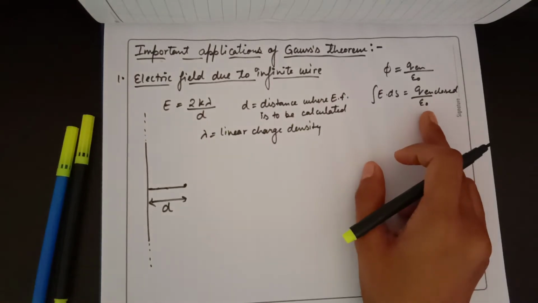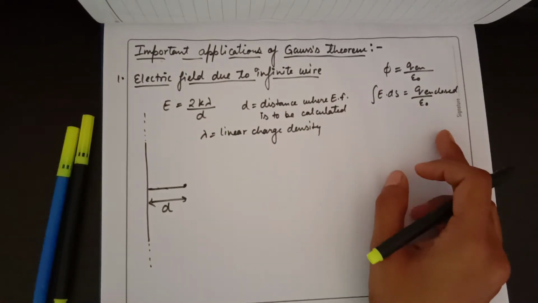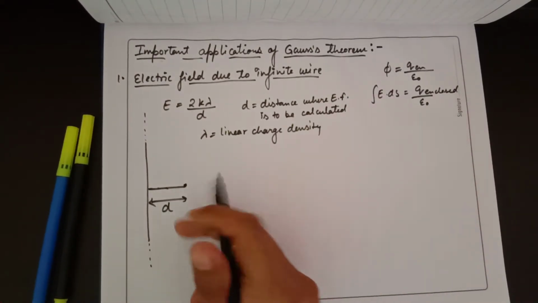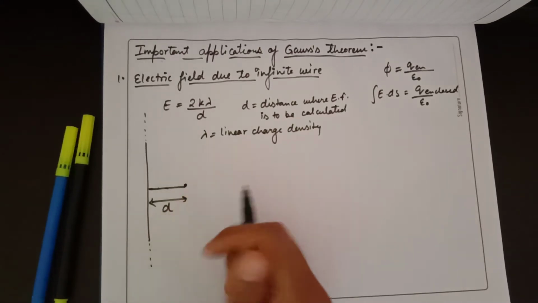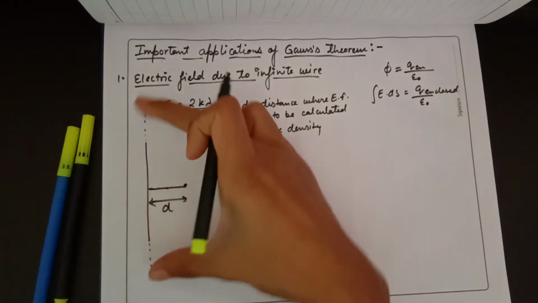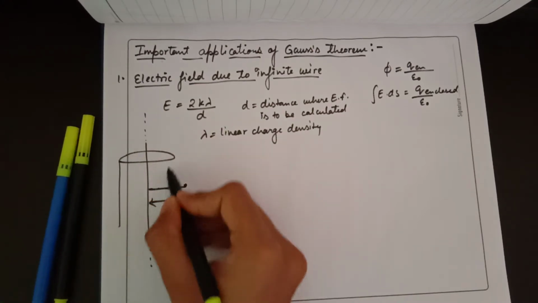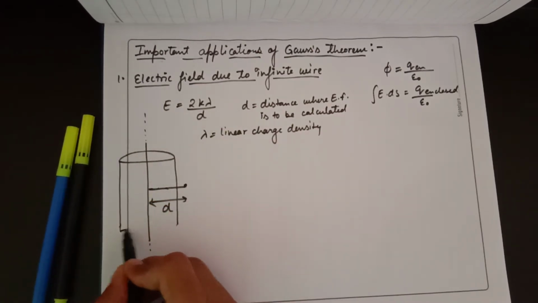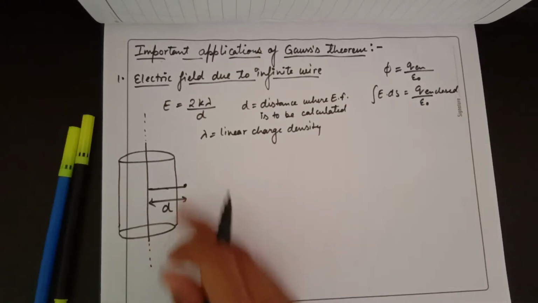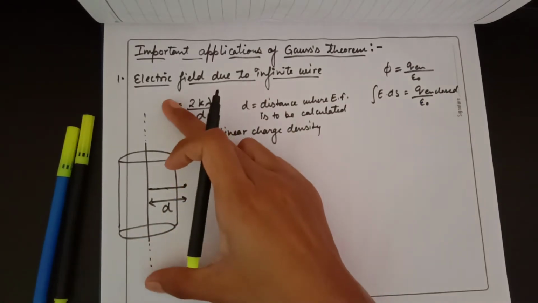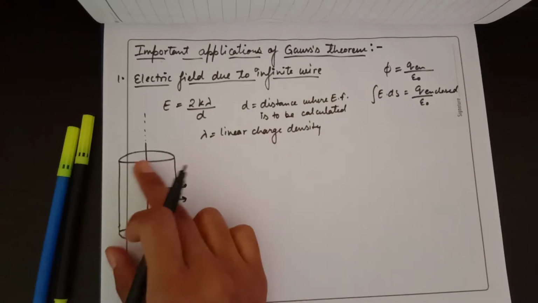And as you already know, to apply Gauss's theorem we need a closed surface. So here we can consider a closed surface like this, a cylinder, an infinitely long cylinder. We can say this is our Gaussian surface in the case of an infinite wire, as it covers the whole wire.